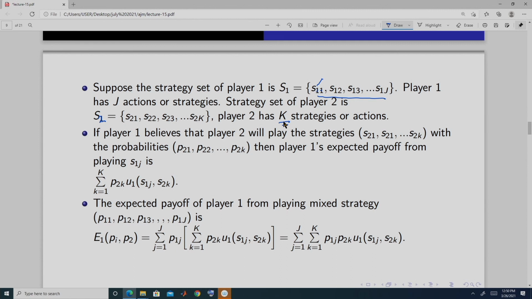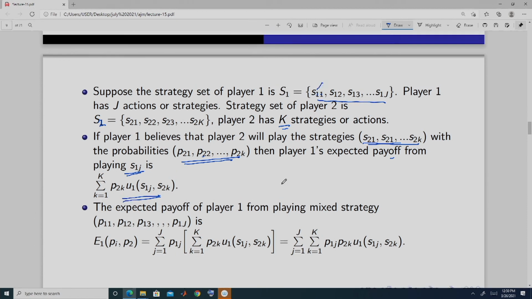And player 1 believes that player 2 will play each strategy with these probabilities. So, it is attaching some probability, and each of these can be any number between 0 and 1. Then player 1's expected payoff from playing any strategy j from this set is this.